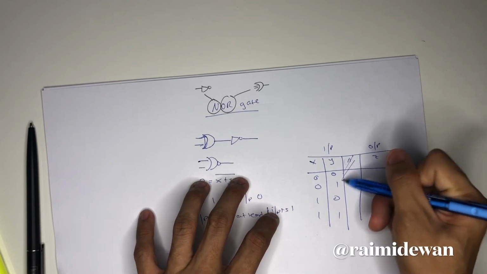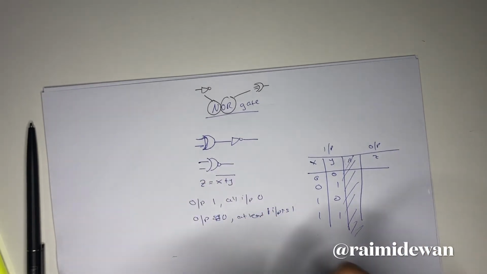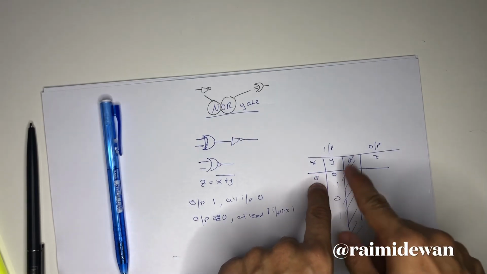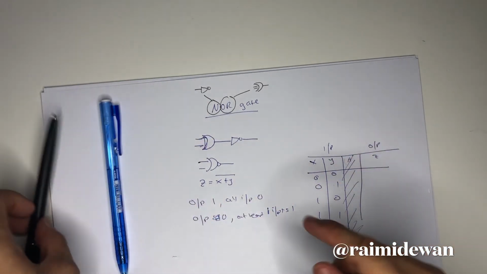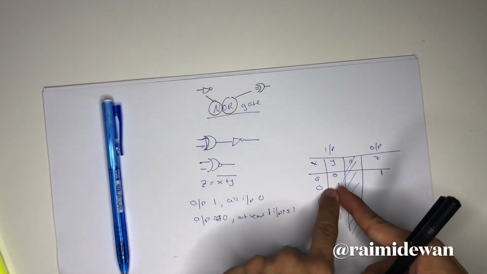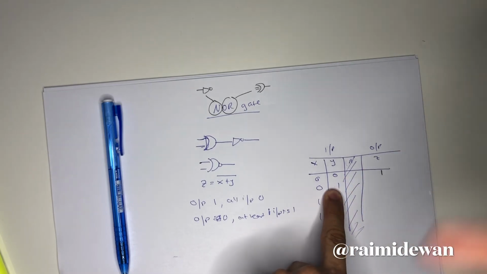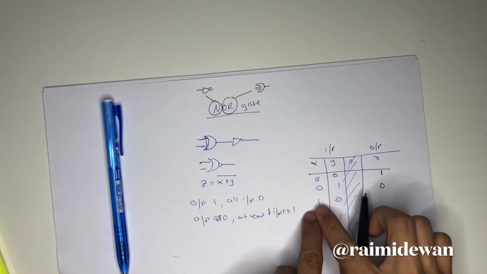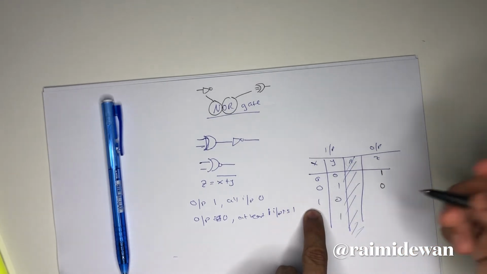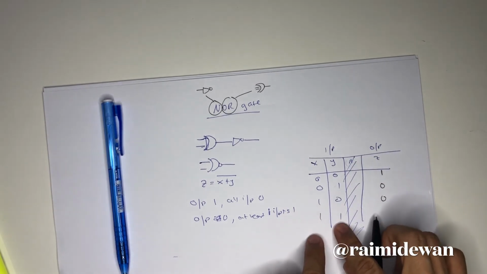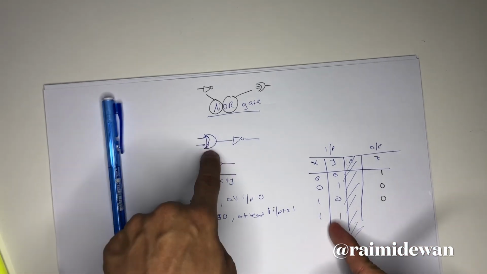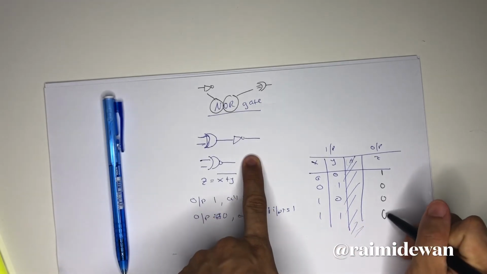This one you can do yourself later on. So it will pass through the OR gate first. 0, 0, OR is 0, then invert, then you have 1. 0, 1, OR means at least one 1, then you have 1, but invert, then you become 0. 1, 0, OR you have output 1, then you invert, you have 0. 1, 1, you have both 1, output here is 1, but then you invert, it becomes 0.